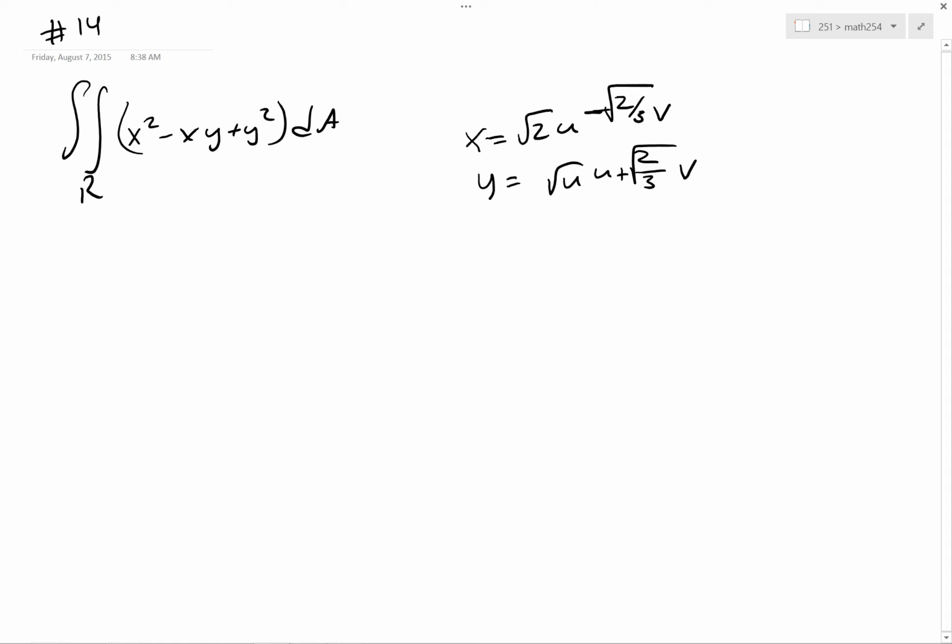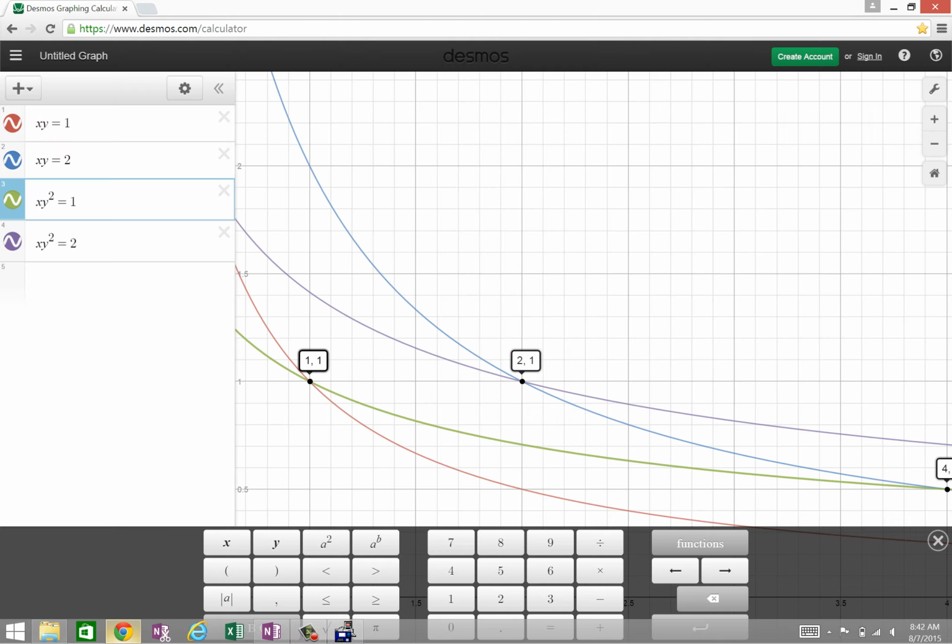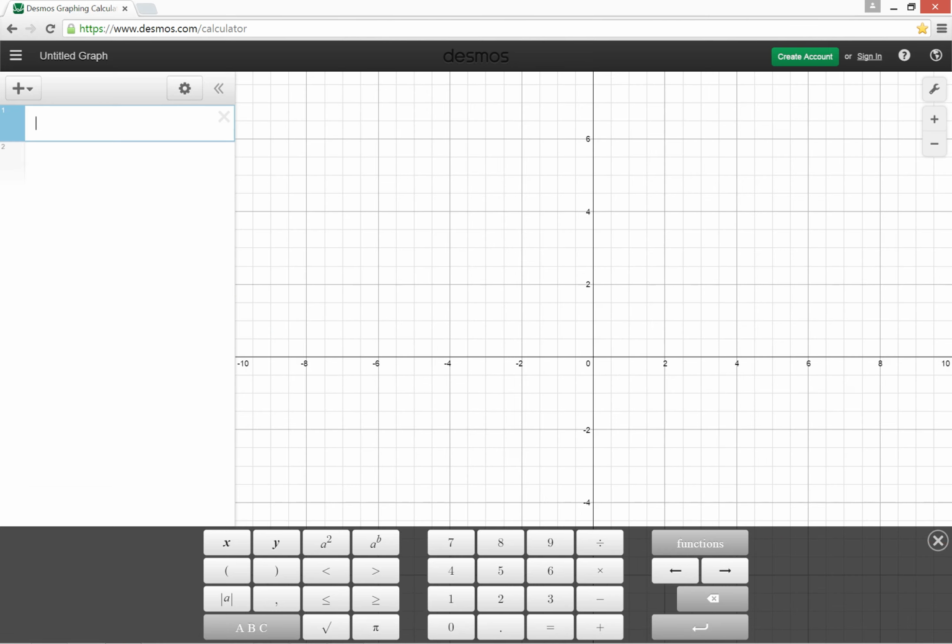But here's the fun part. The region is bounded by an ellipse. So x squared minus xy plus y squared equals 2. That's an ellipse, and if you're not sure what it looks like, Desmos is pretty sweet for this.